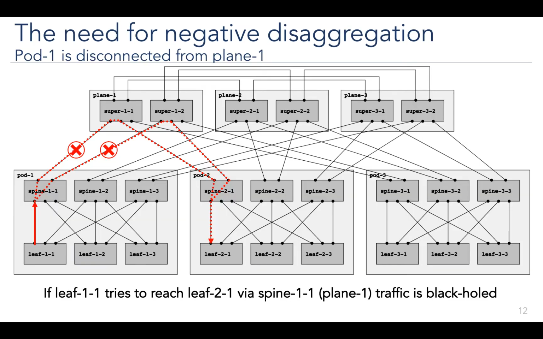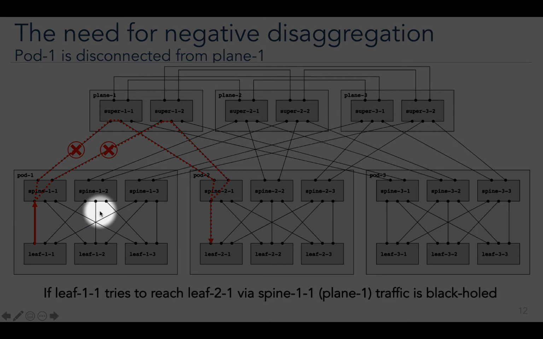This slide shows the type of failure that negative disaggregation was designed to fix. In this slide, we have a topology with 3 pods and 3 planes. Pod 1 is completely disconnected from plane 1 because both of the links that connect pod 1 to plane 1 have failed.